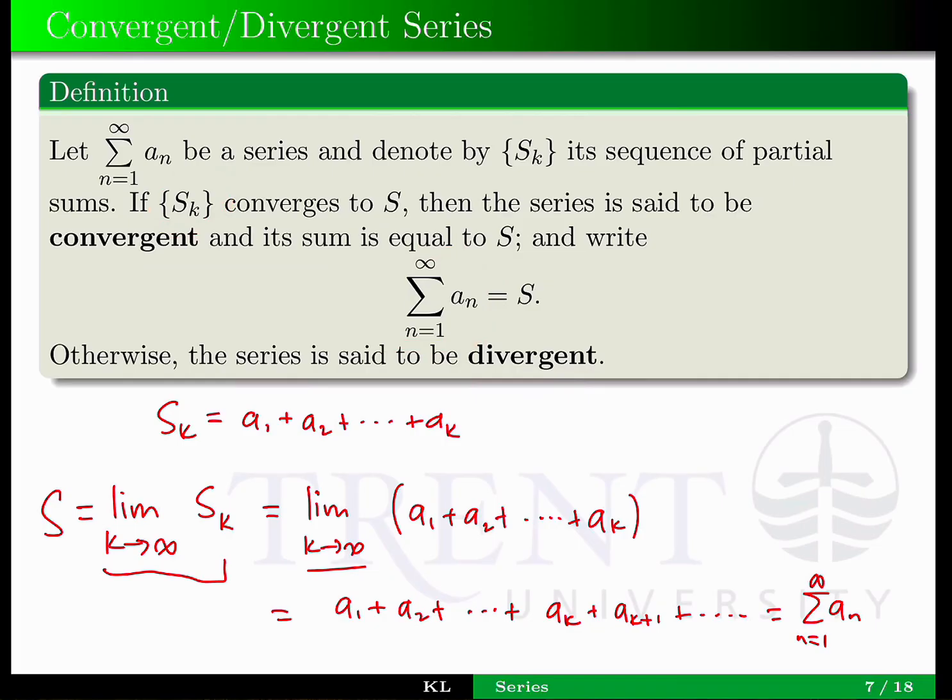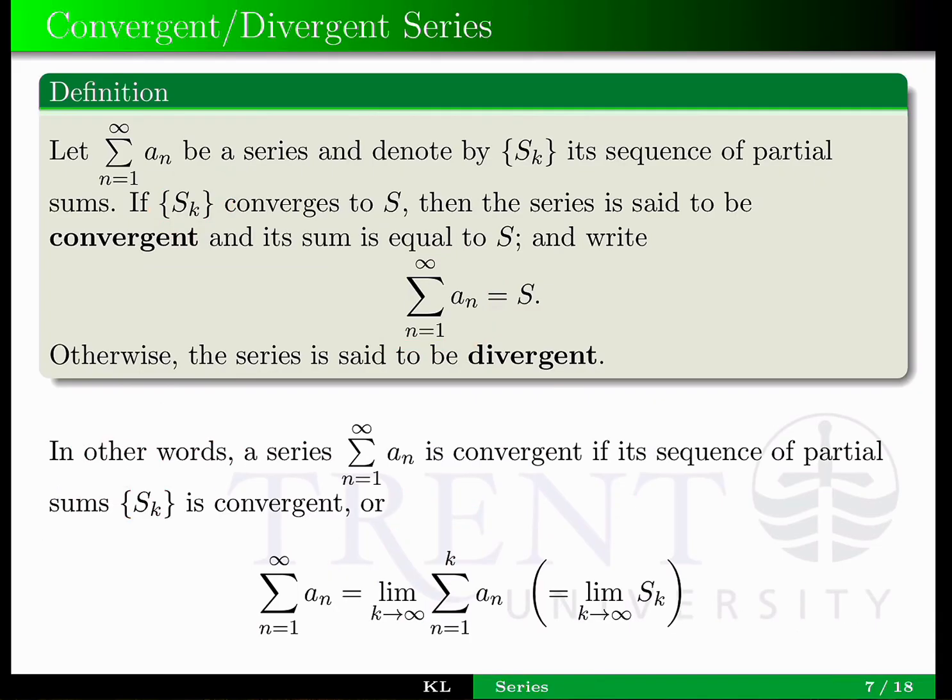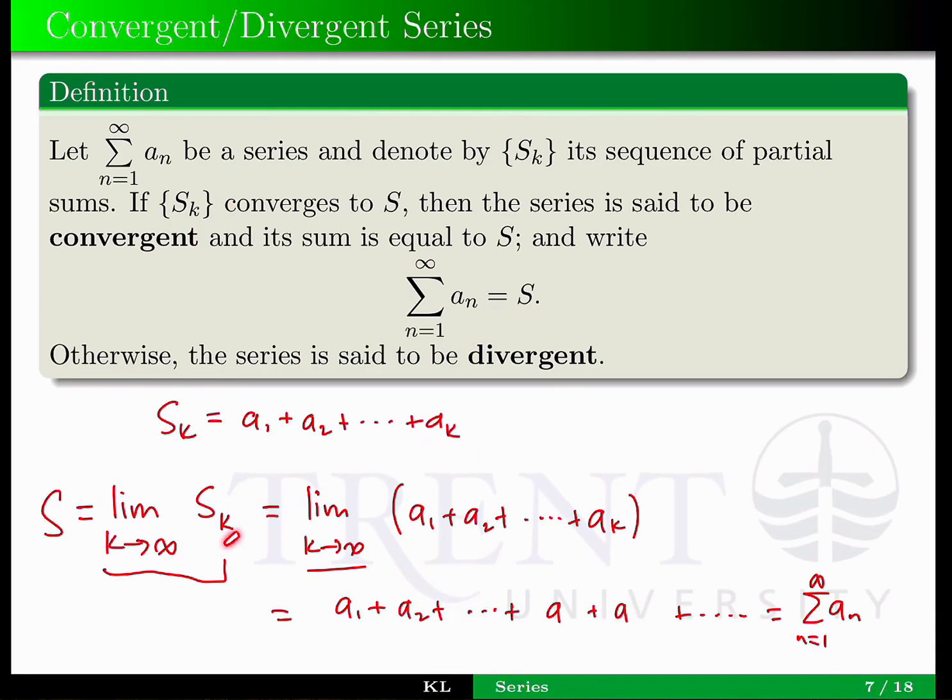And just for clarification, I'll use a different subscript for this one since we are using the k here as the variable for our limiting process. So in here, I'll just use n plus 1, and so on and so forth, which is, again, like what I said, this series here.